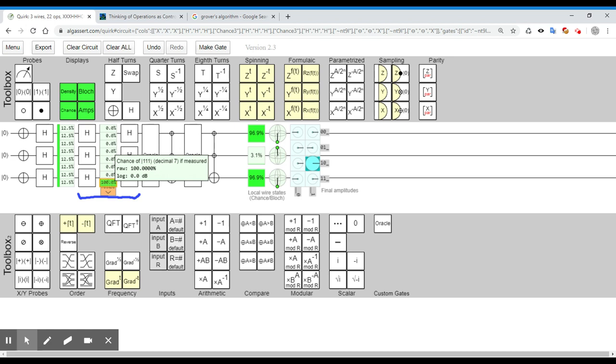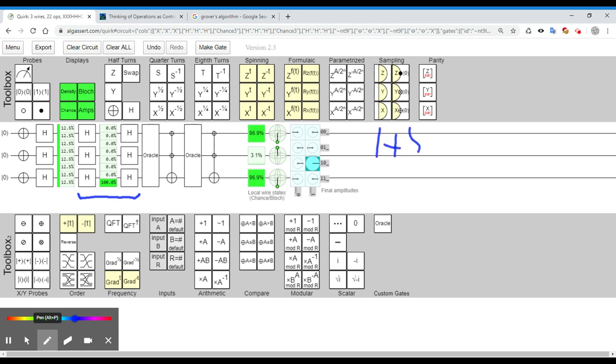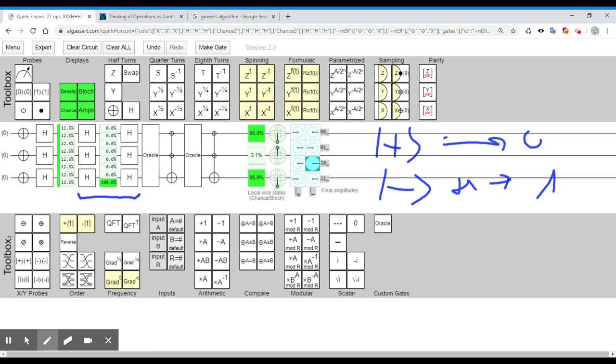The way we usually talk about the X observable is the plus and the minus. The minus is the one that when you apply a Hadamard gate turns into the 1 state of the Z observable, and the plus turns into the 0. So Quirk is not showing you pluses or minuses. That could be an interesting extension: an X observable display. So you have to imagine, if it says 1 1 1 here, it's the chance of minus minus minus.